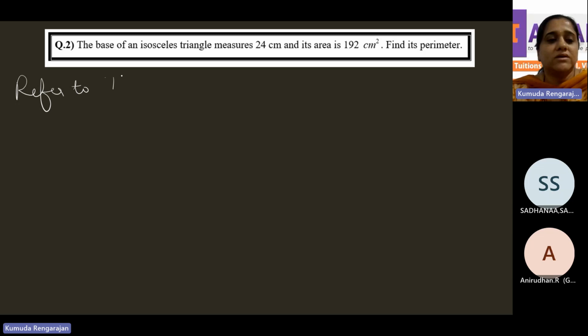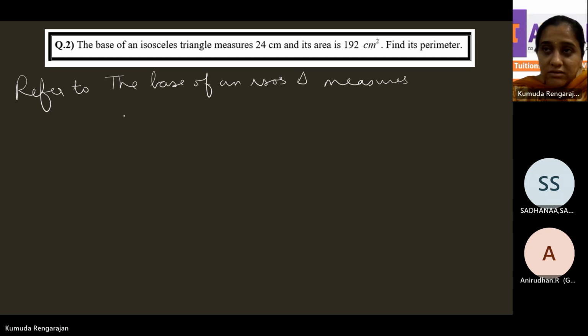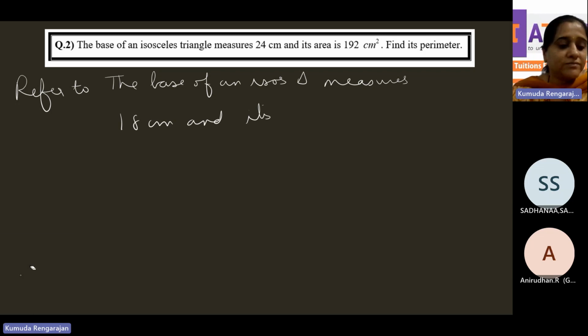Read the question. The base of an isosceles triangle measures how much, Kamalika? 80 centimeters.